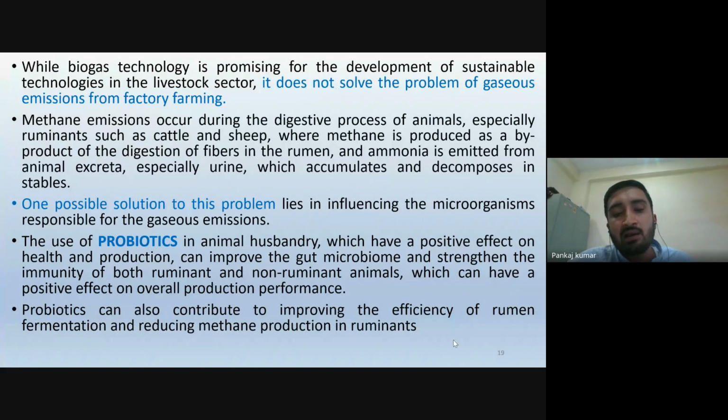So probiotics can contribute to improving the efficiency of rumen fermentation and reducing the methane production in animals. So efficiency of animal production is increased, animal byproducts will be utilized more efficiently and better, and the methane production due to the animal is also reduced. So the problem of methane emission is also solved.